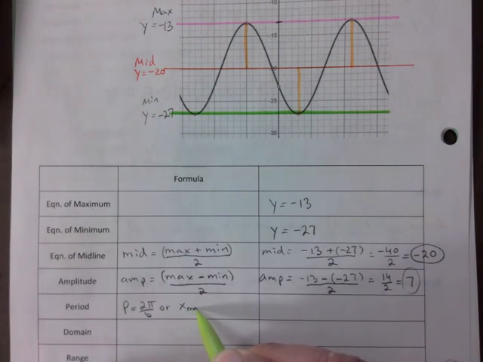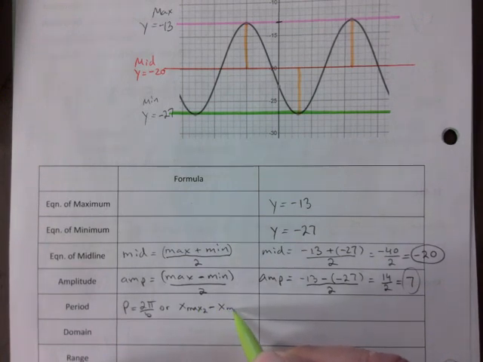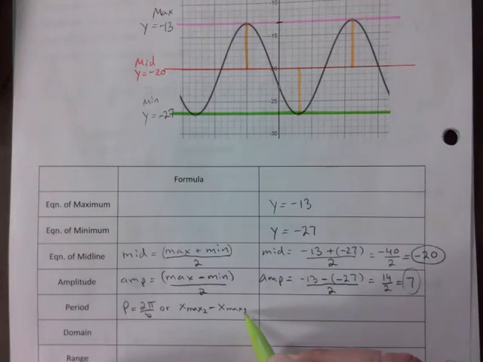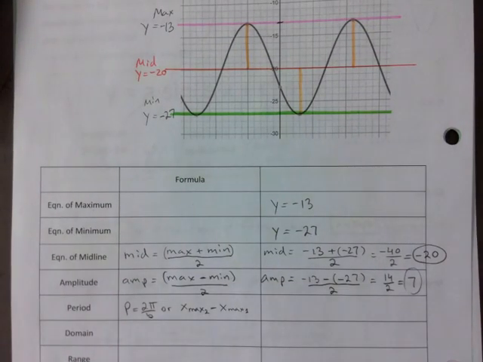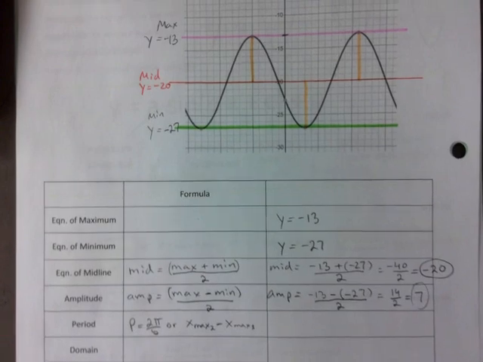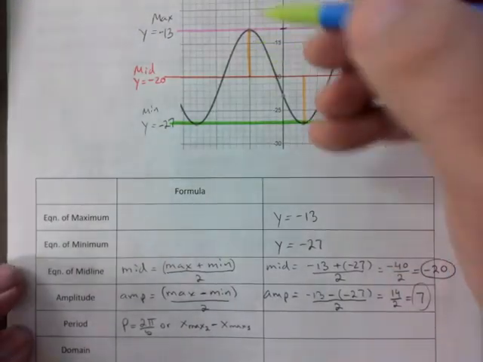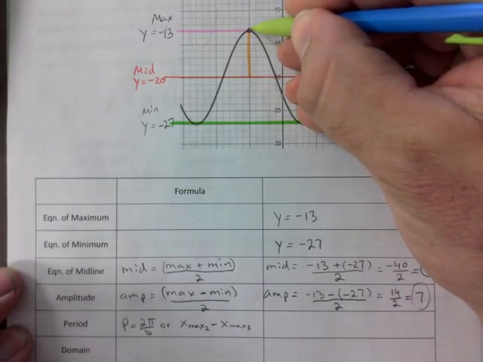X max 2 minus X max 1. Like, what is this mumbo jumbo here? What is that? Well, look up here, I'm going to pick this point here.